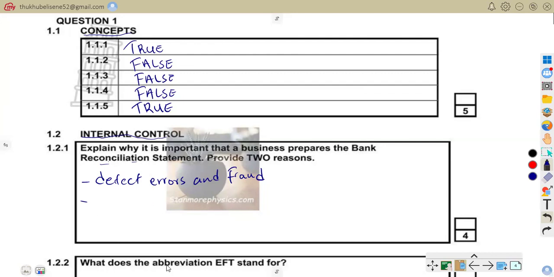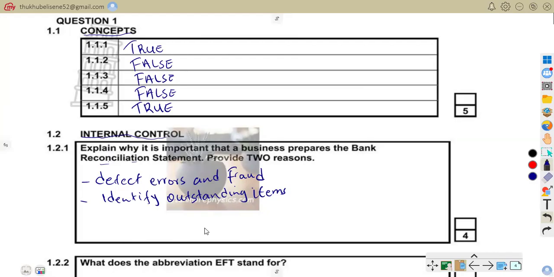Another reason again is to identify outstanding items. So this shows transactions not yet recorded by the bank.